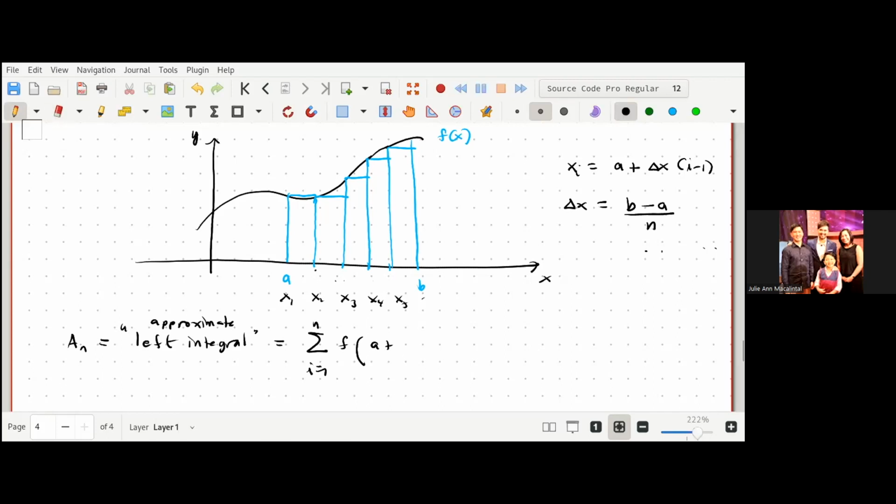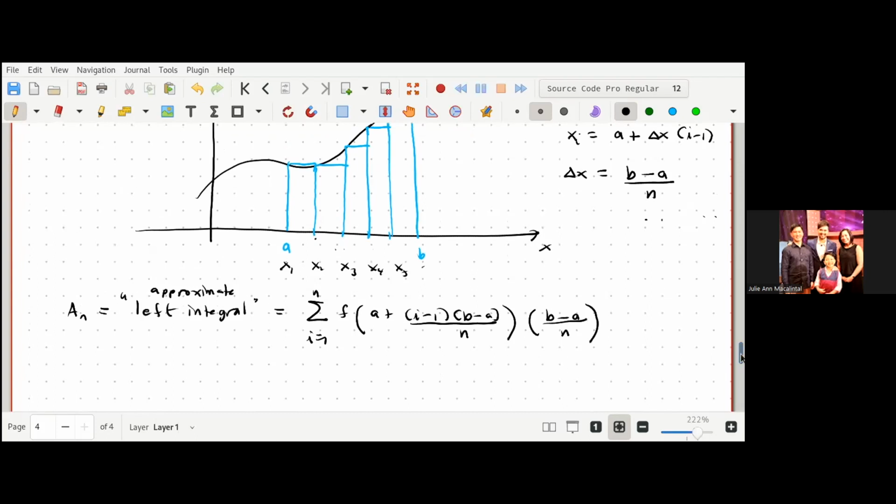So doon na natin ilagay na natin yan, times b minus a over n. So this is one way to write it down, pag panay from the left and panay from the right.